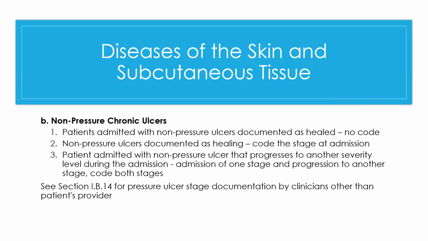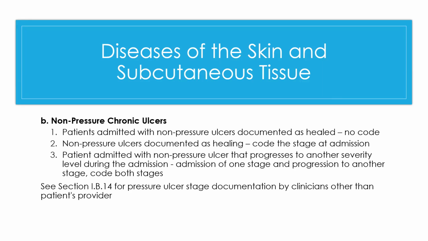If it is healing, the documentation for the appropriate non-pressure ulcer code is based on the documentation in the medical record. If the documentation does not provide information about the severity of the healing non-pressure ulcer, assign the appropriate code for unspecified severity.